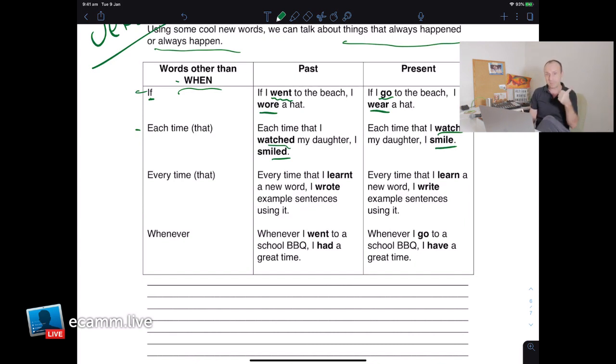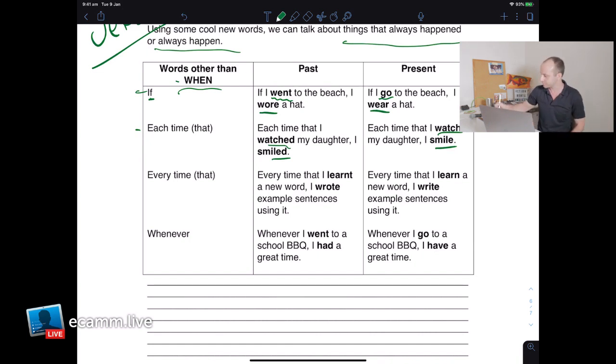I can say, if I watch my daughter, or if I look at my daughter, or whatever. If I watch my daughter, I smile. When I watch my daughter, I smile. Each time I watch my daughter, I smile. Anything that always happens. When I drink beer, I drink Asahi. It's the only beer I drink, so it's always true.